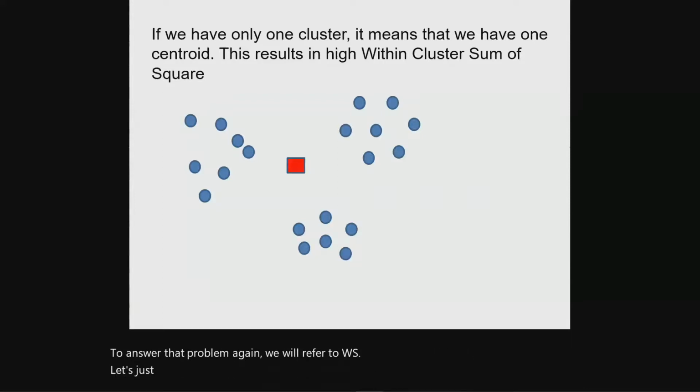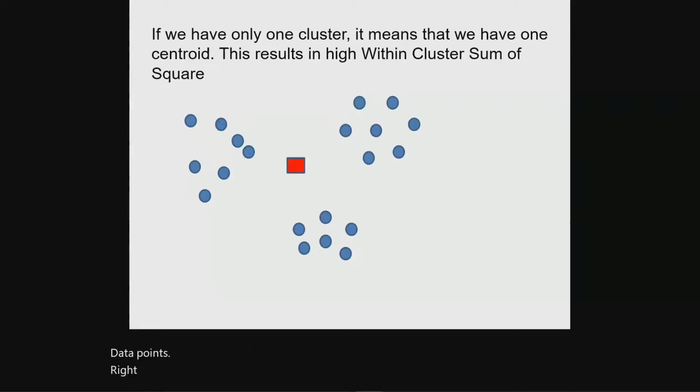Let's start with this example. Let's start with one cluster. When we have one cluster, the sum of distances would be the largest. Keep in mind that WSS always has the same number of distances because we have the same number of data points.